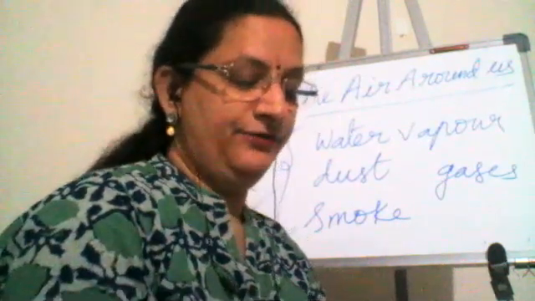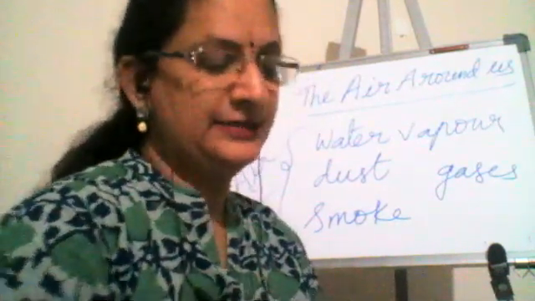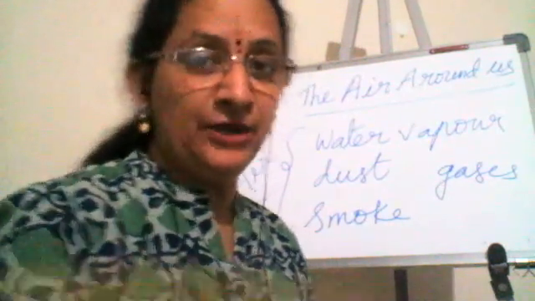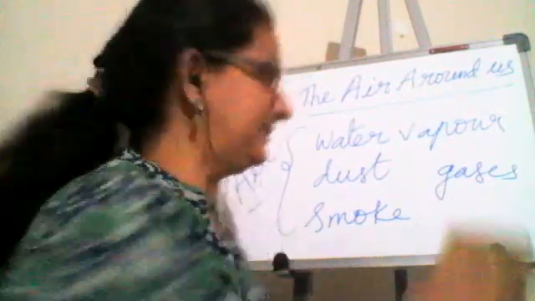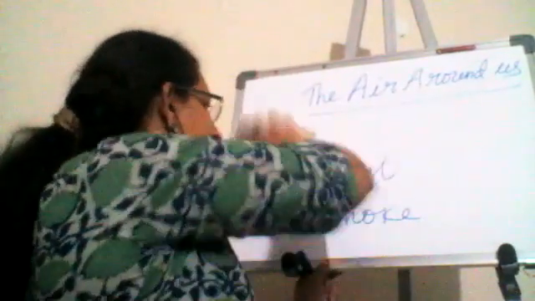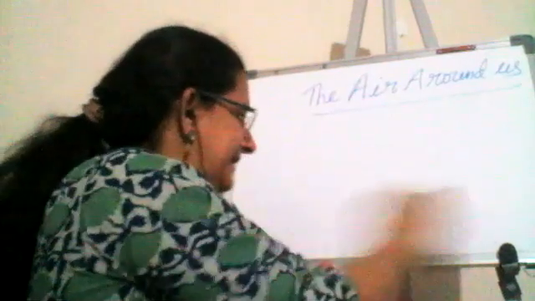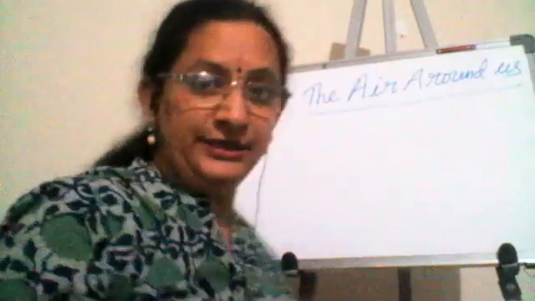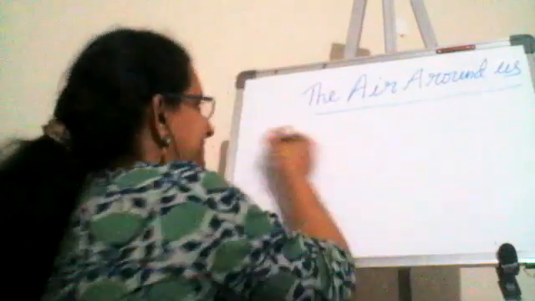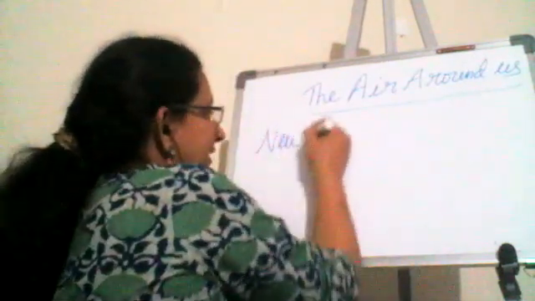Now, we have the textbook exercises which you have to do on your own by reading the lesson three times. After doing the textbook exercises, you have to write the new words.